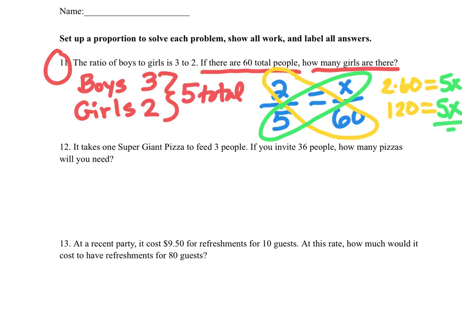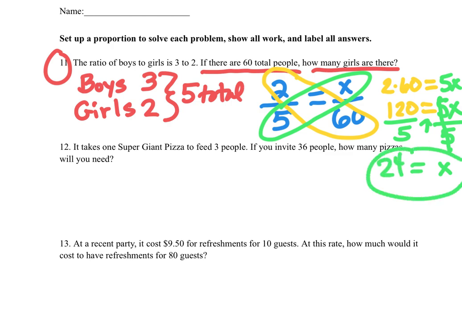And we haven't yet isolated our variable, so we need to do the same thing to both sides. We have to honor the promise of our equal sign. Both sides are treated equally. And we end up with x equals 24. So let's circle that now that we've solved for x.